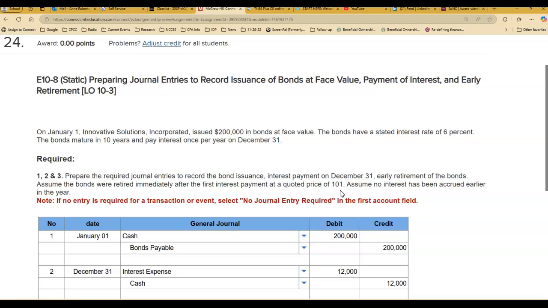So all these tariffs that they're talking about on the news. Does everybody understand what Trump is trying to accomplish here with the tariffs? Okay.